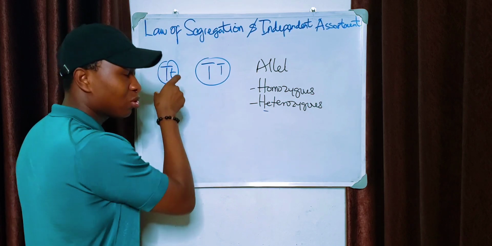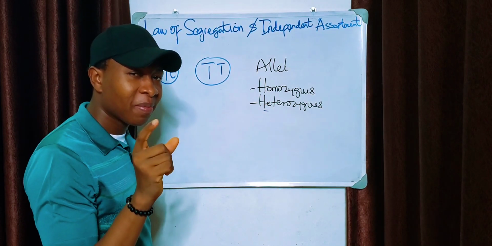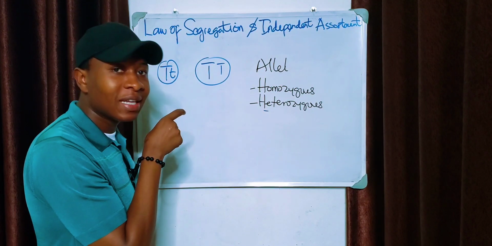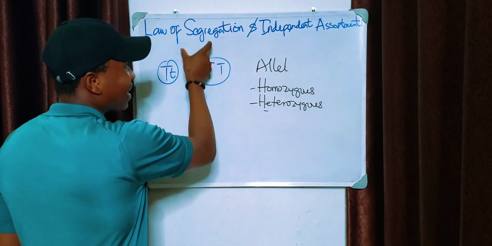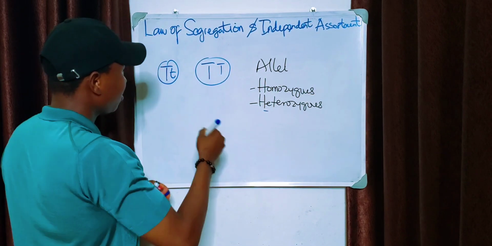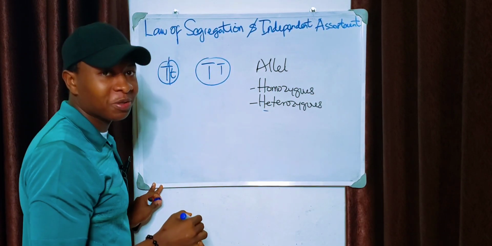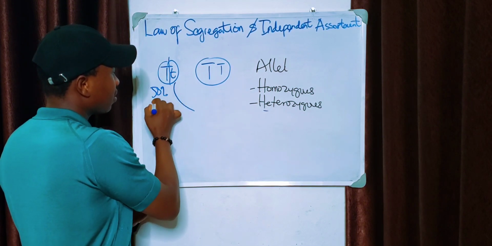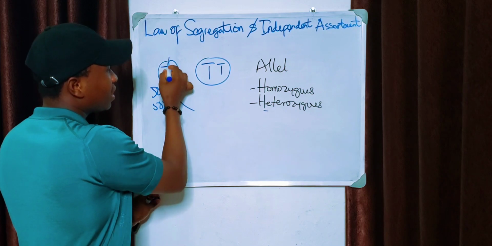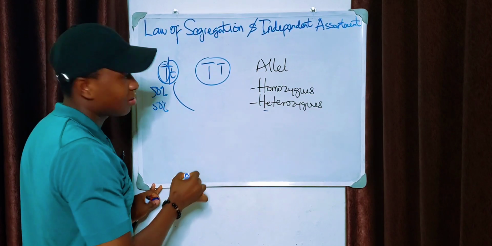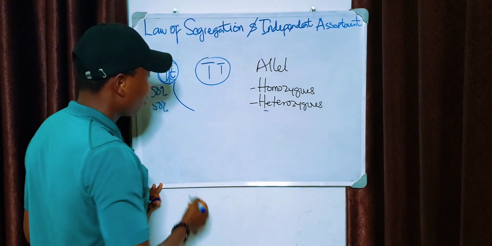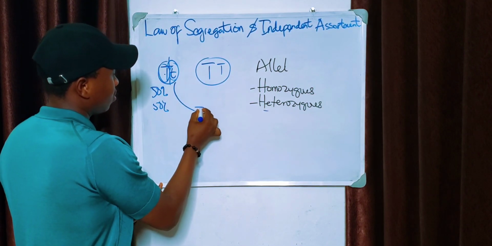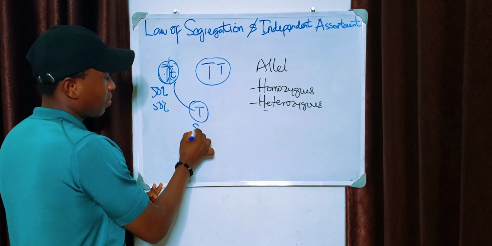Both of them cannot go into the sperm at the same time. They cannot be transferred to the gamete, because segregation must occur. Segregation in this case is separation. So there is a 50-50 chance that it will either be this allele or this allele. Let's assume it is this first one. So this is the sperm.